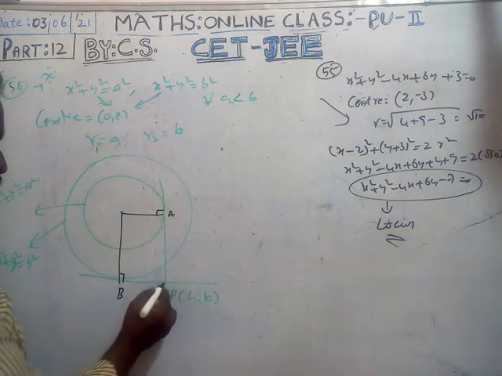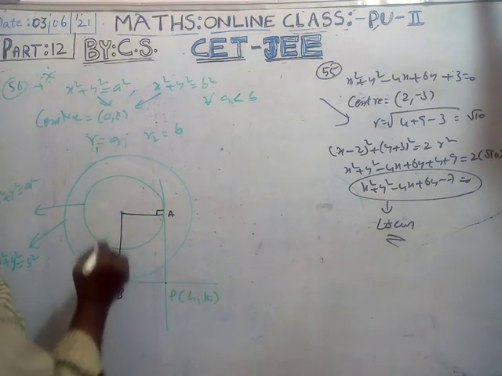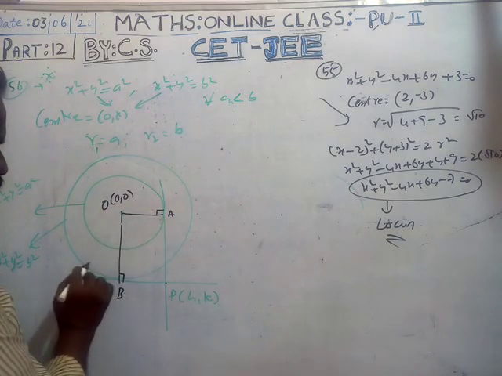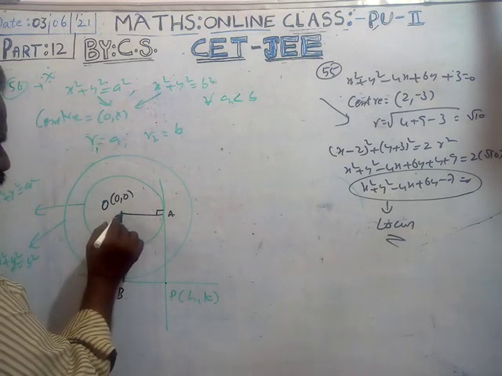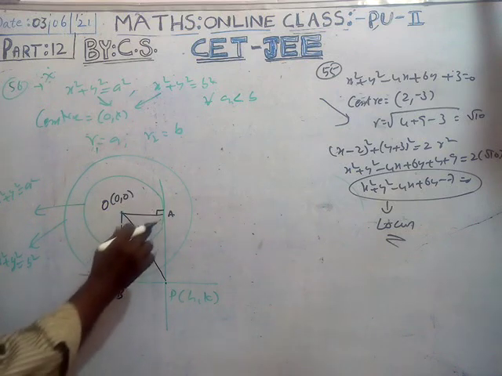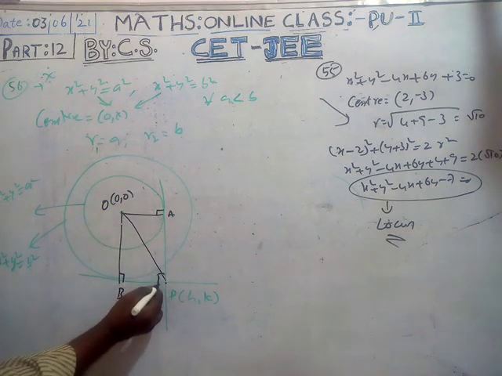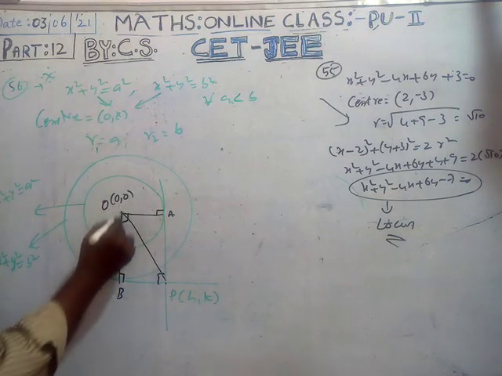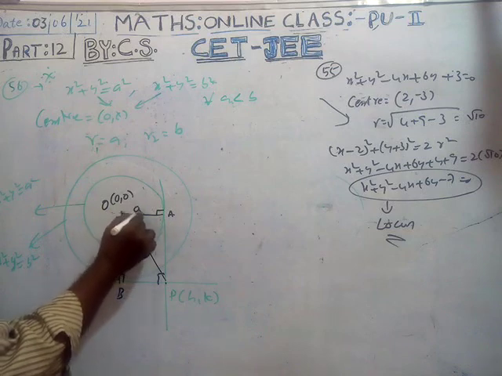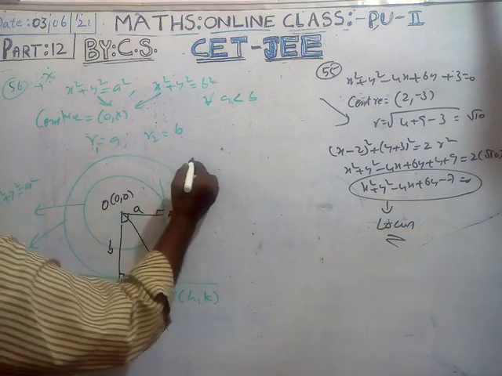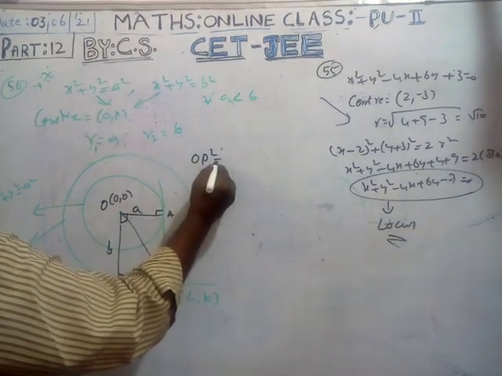The origin is (0, 0). It is a rectangle because one angle is 90 degrees and the others are also 90 automatically. OB is b, OA is a, so here also it is b. Here also we assume OP square is equal to the same thing.